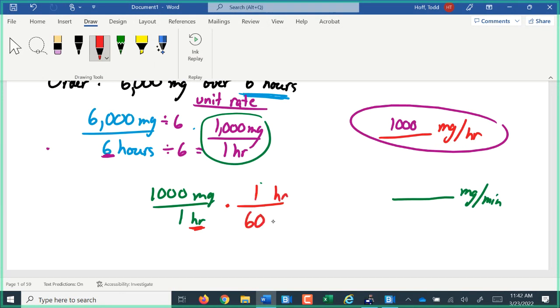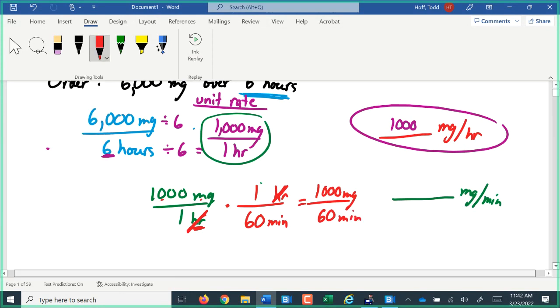Our equivalency, this is one where we have to use the standard conversion. 1 hour equals 60 minutes. Hours cancel out. On top, we have 1,000 milligrams times 1. That's just 1,000 milligrams. On bottom, we have 1 times 60 minutes. That's 60 minutes.